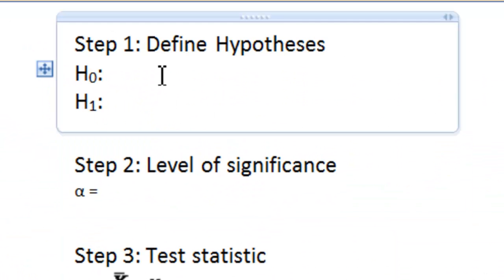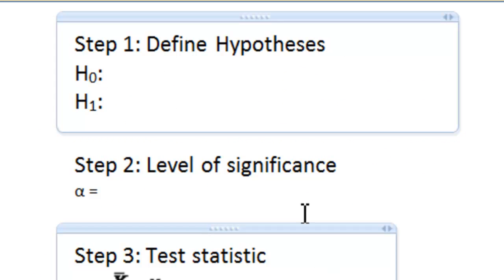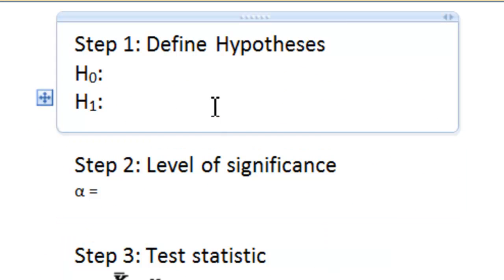Let's first define the hypotheses. And as far as the definition of the hypotheses is concerned, we're going to base this off of the population mean. Now that's supposed to be a mu, but I'll just use a lowercase u for this one. The battery life is supposed to last 30 hours.